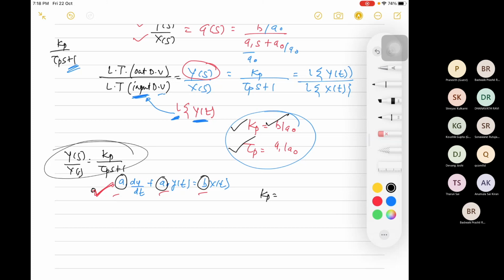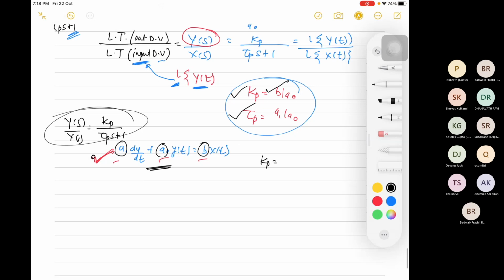Okay, now this is the generalized form. Now can you guys please tell me what are Kp and tau p in case of the liquid level tank? Liquid level tank, where I was balancing height, where the output was height, small y, and small x is Fi.